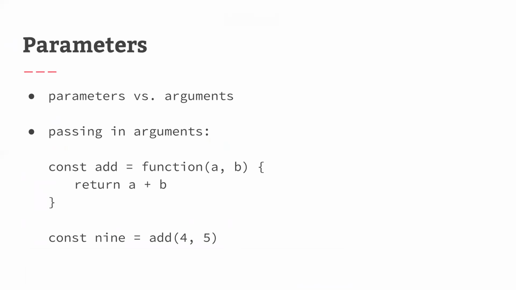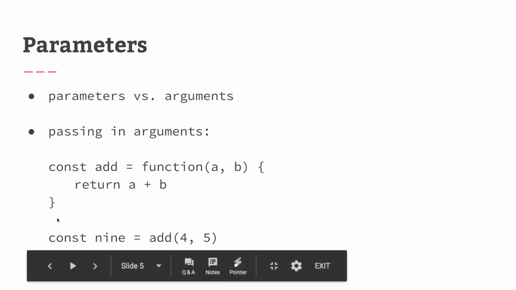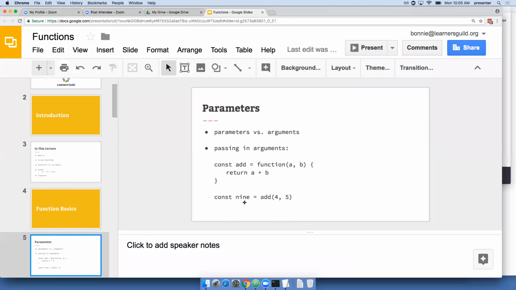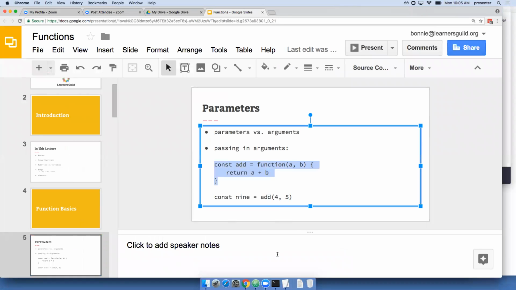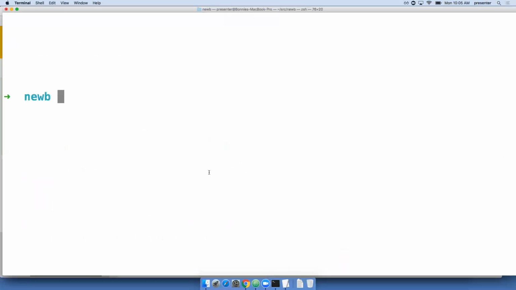Okay, so, right. Arguments can be variables, right? You can pass in variables. So if I wanted to, let's go into Node for a minute.